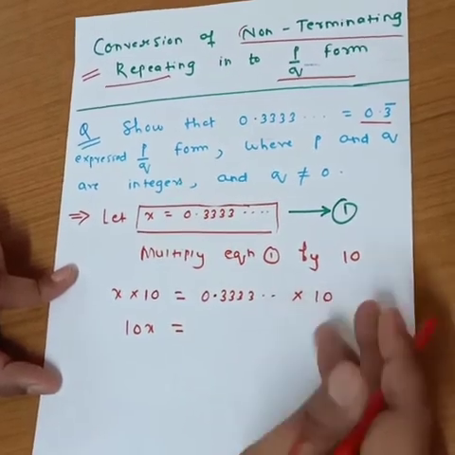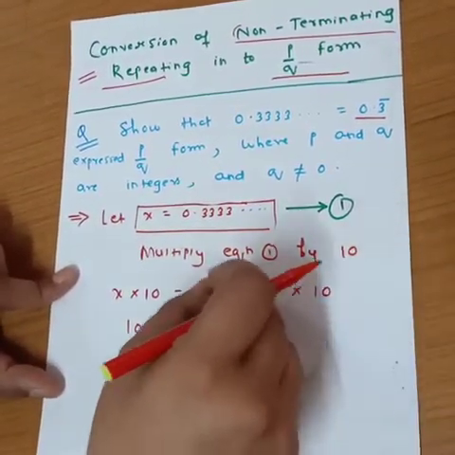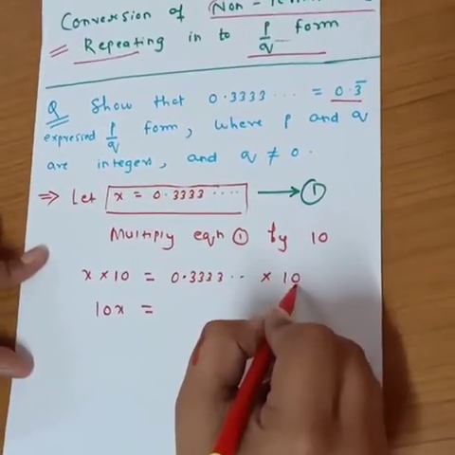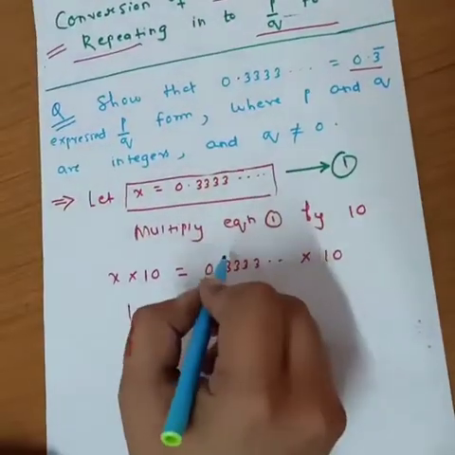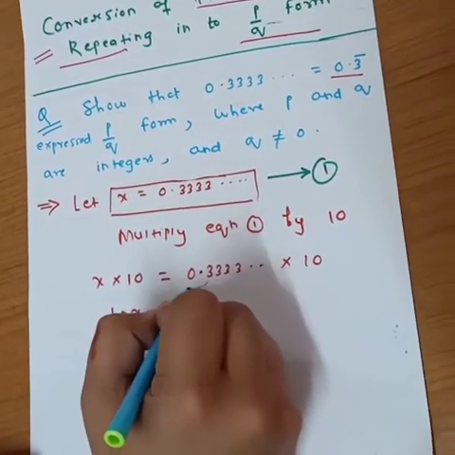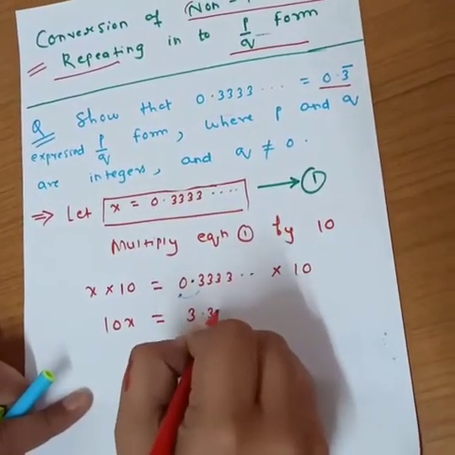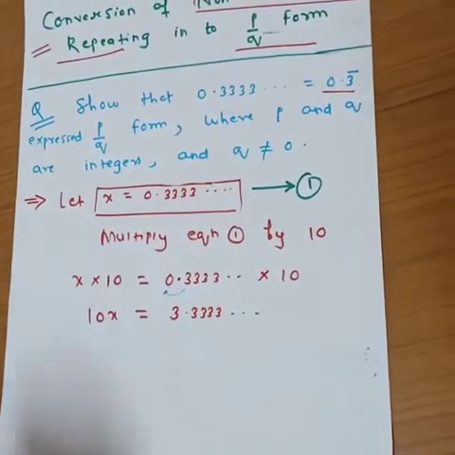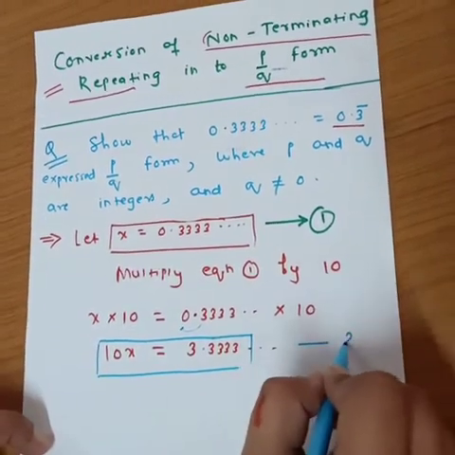If you multiply by 100, 2 digits will come to this side. If you multiply by 1000, 3 digits will come to this side. Here we multiply by 10, so only a single 3 will come to this side. So the number becomes 3.3333 and so on. Name it equation number 2.